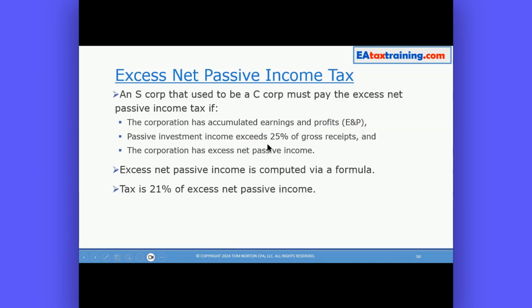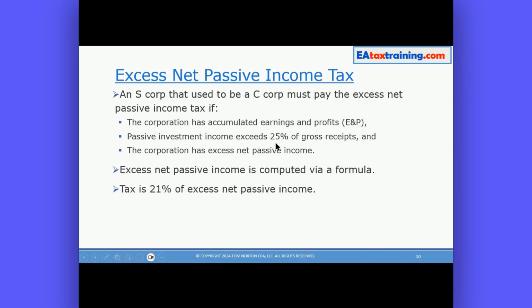So remember, we talked earlier about a similar concept. We said that an S corp ceases to be an S corp and reverts to being a C corp if the S corp had passive investment income exceeding 25% of gross income for 3 straight years.